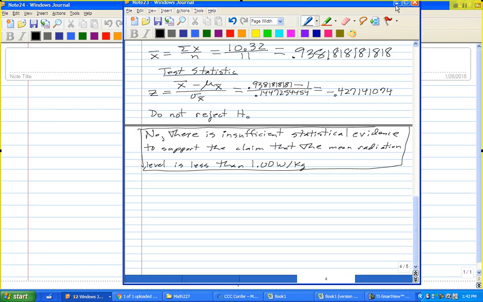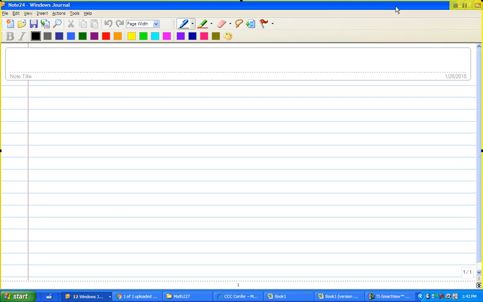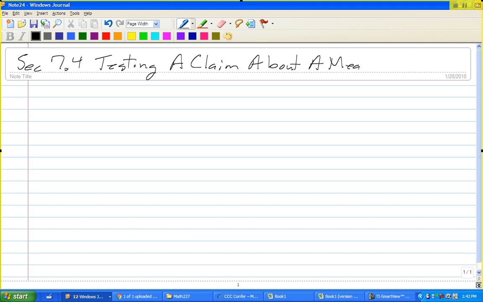Okay, so section 7.4: Testing a claim about a mean. In this case, the population variance is unknown.